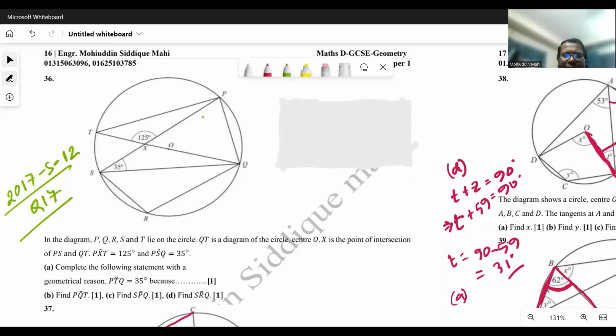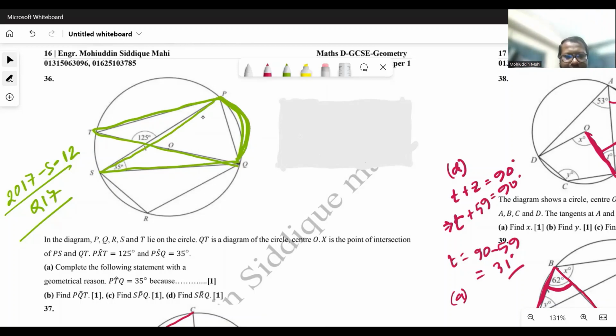A, complete the following statement with a geometrical reason. Angle PTQ equals 35. So here, angle PTQ and angle PSQ are standing on the same arc.